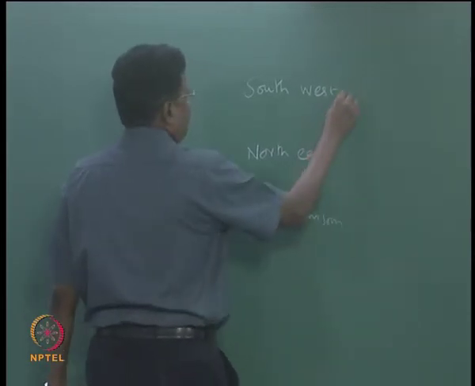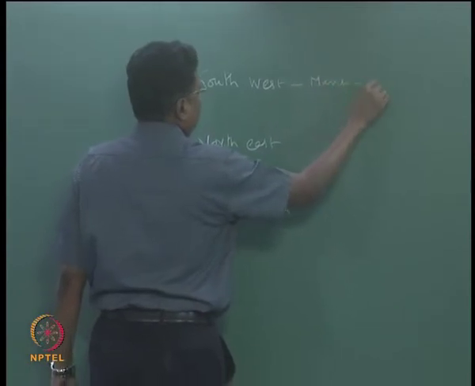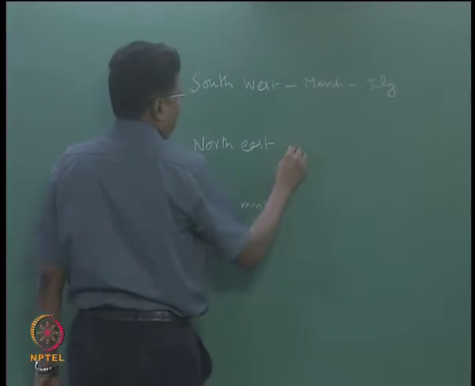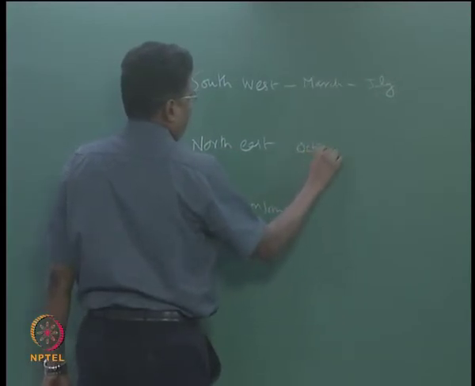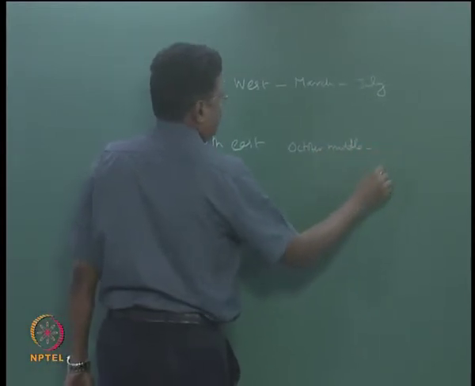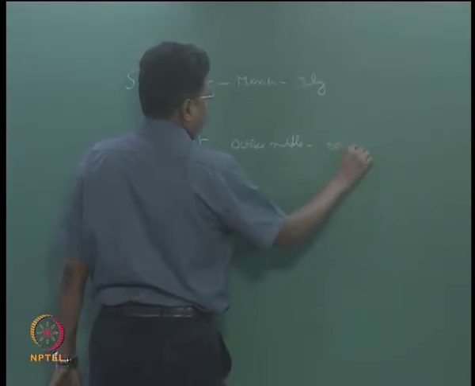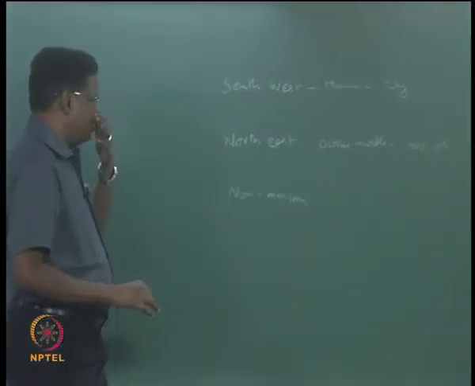The southwest monsoon we can say from March to July, and this one, the northeast monsoon, we can start from the middle of October to the middle of December, that is December 15th. The other seasons we can classify as non-monsoon.